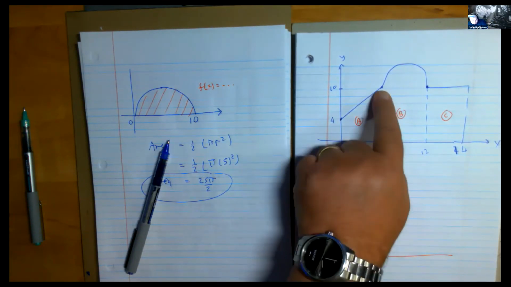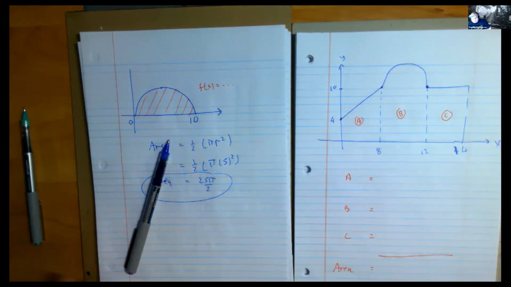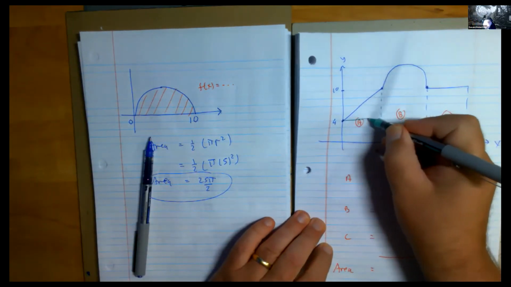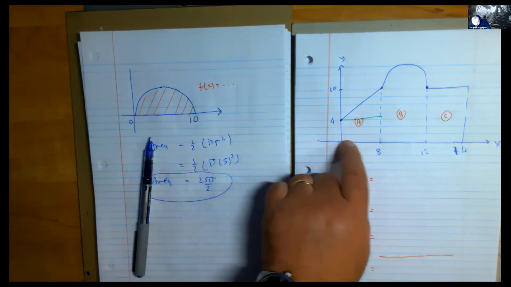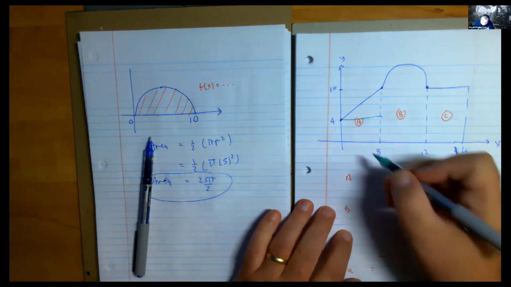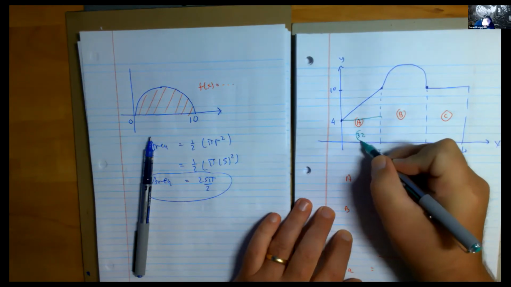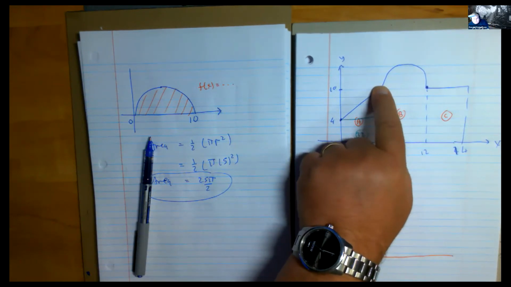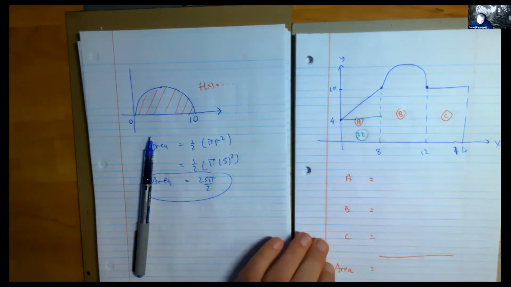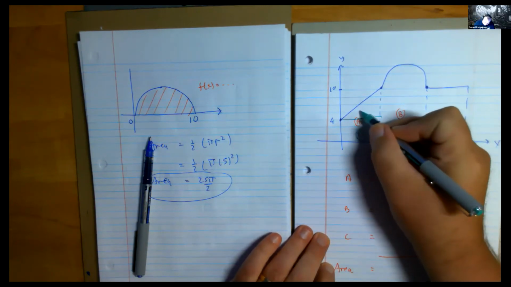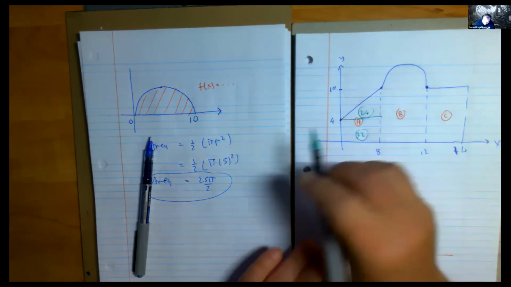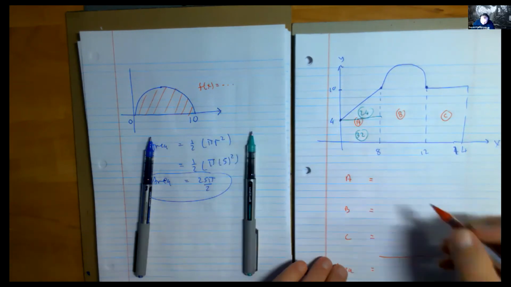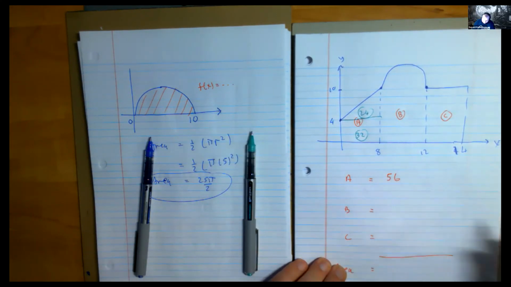Right, if I wanted to do A, wouldn't it be the same straight line trick that we used before? I would just break it into an 8 by 4 rectangle, so that bit's 32, and an 8 by 6 triangle, and an 8 by 6 triangle is 24. So that one adds up to, what's that, 56.